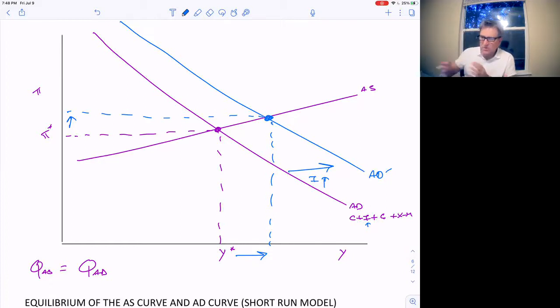So you can see how this model can explain inflation, and it can explain changes in GDP every quarter, just by increasing aggregate demand. And most economists think that for the most part, recessions do occur because of a lack of aggregate demand. We can think of this aggregate demand curve as shocks to the economy.